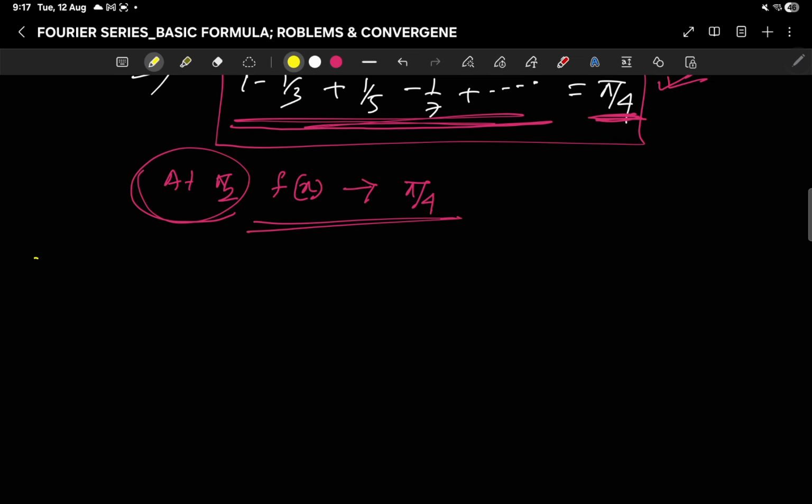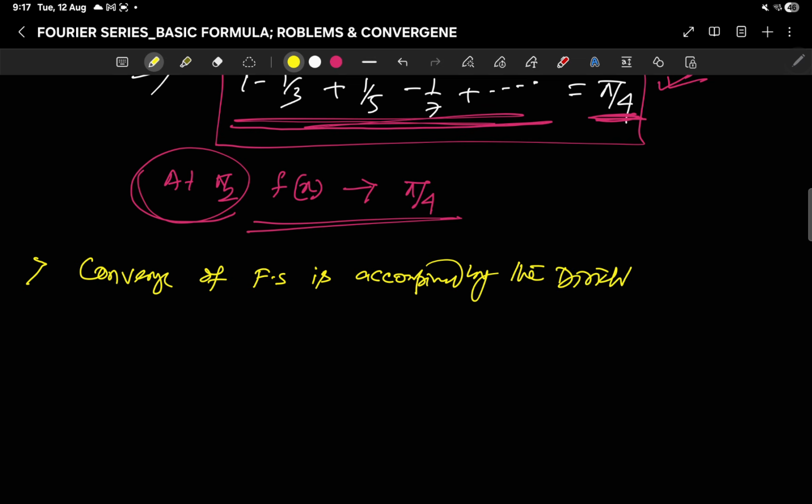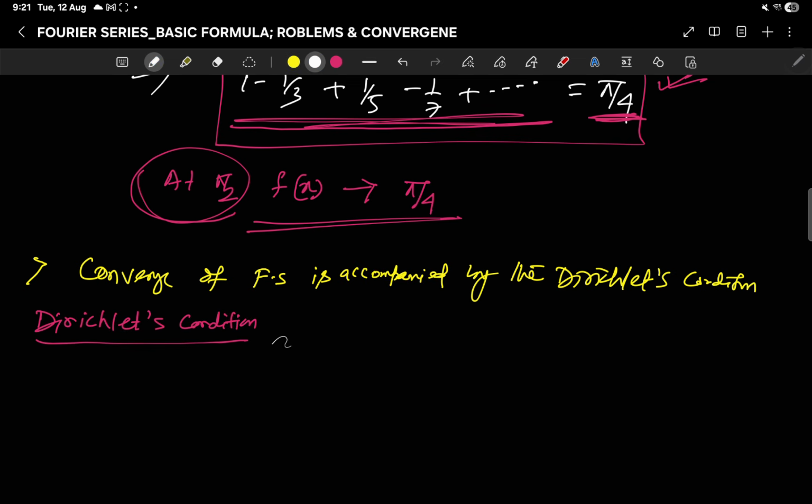So the convergence of Fourier series is accompanied by Dirichlet's conditions, right? Now what are Dirichlet's conditions?